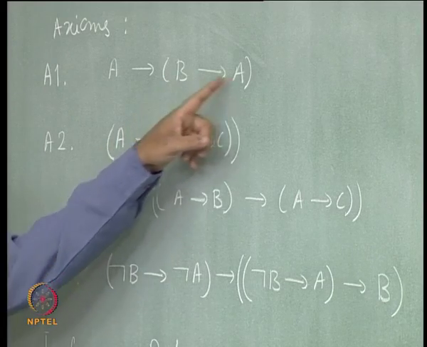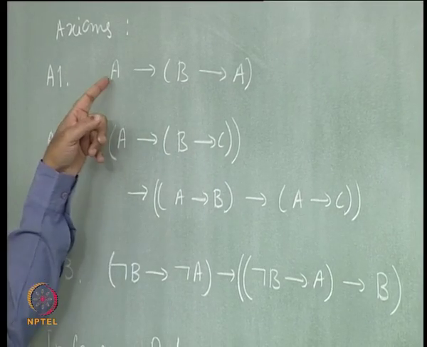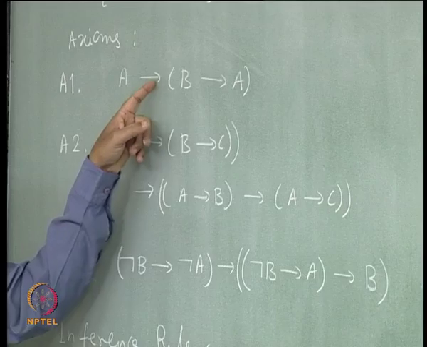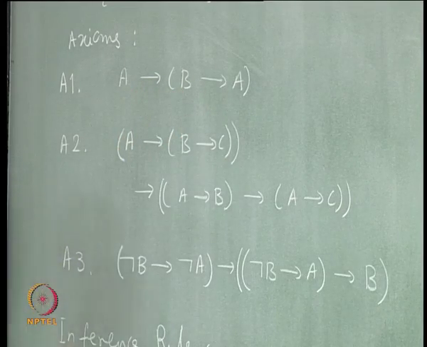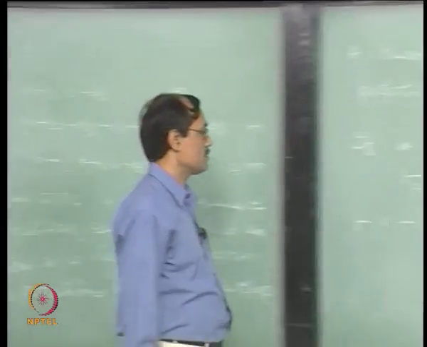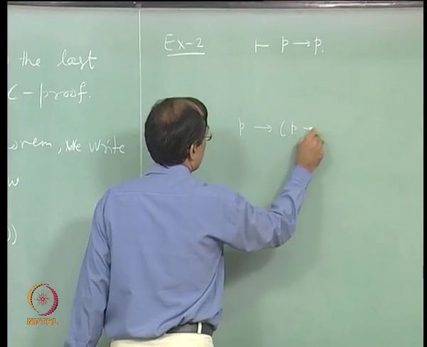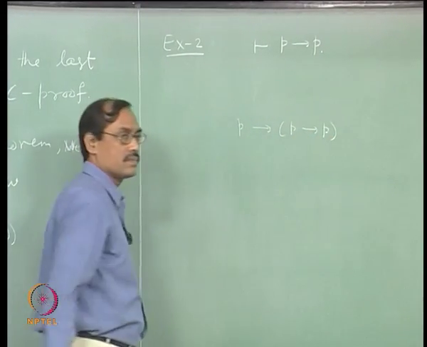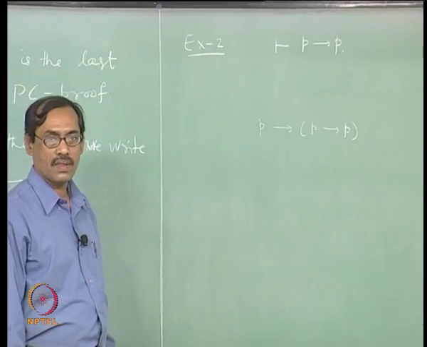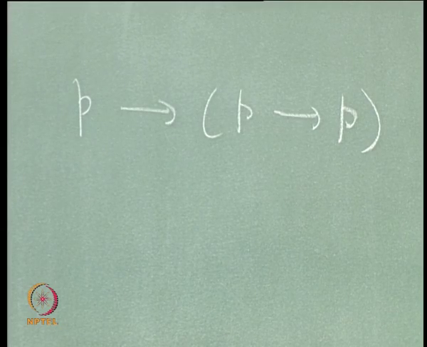So let me say P implies P, then this axiom would be looking like this. This is axiom 1.